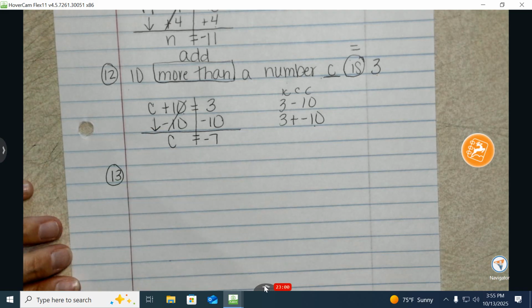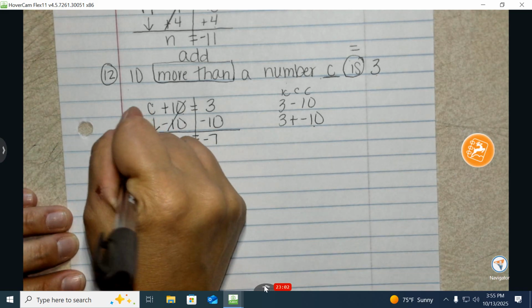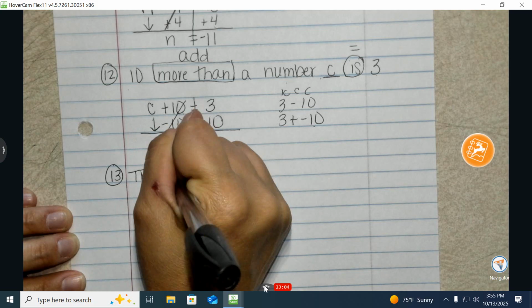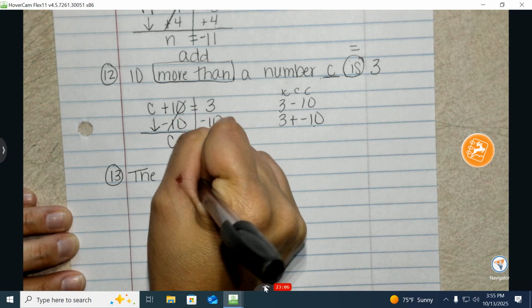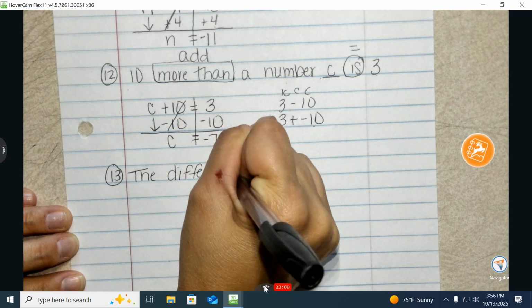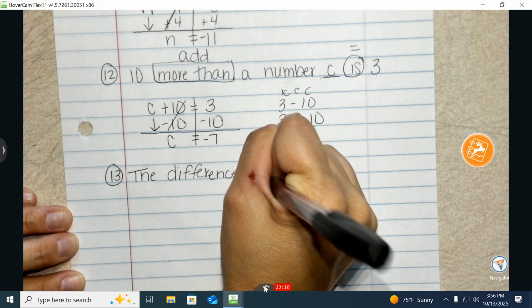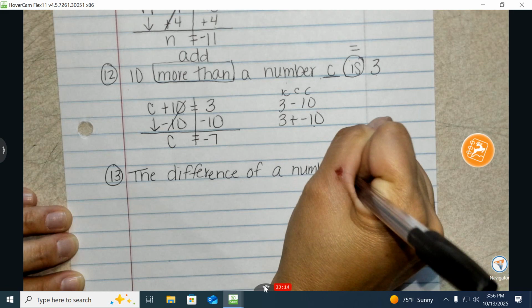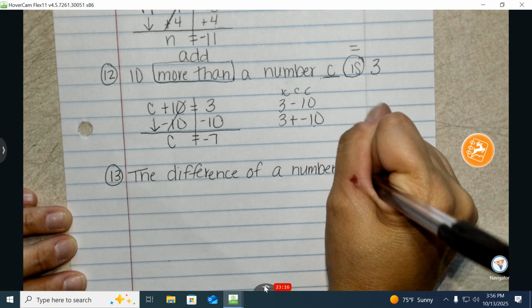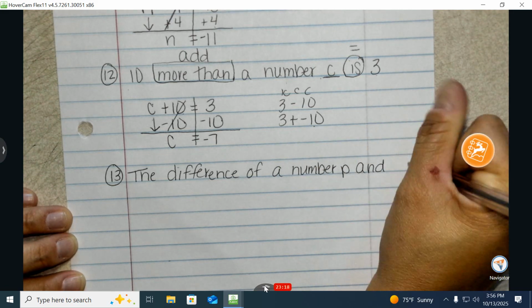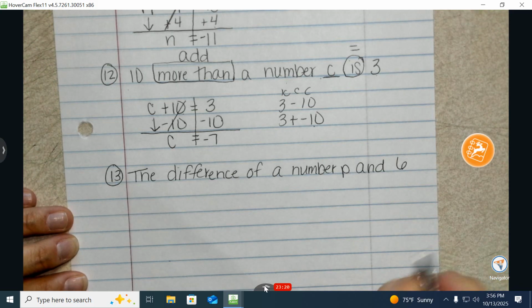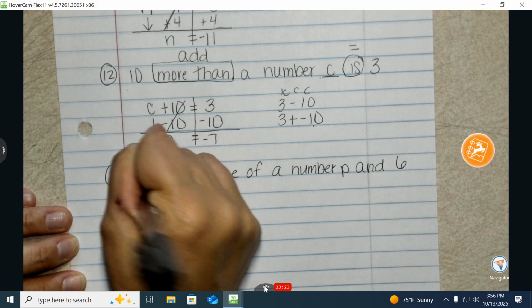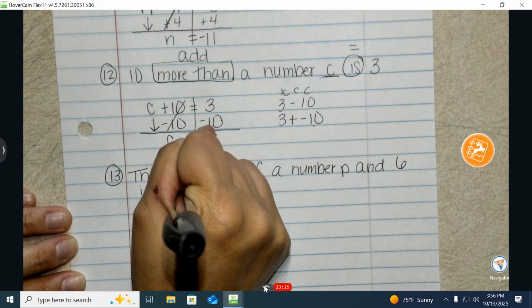Okay, 13. The difference of a number p and 6 is 14.